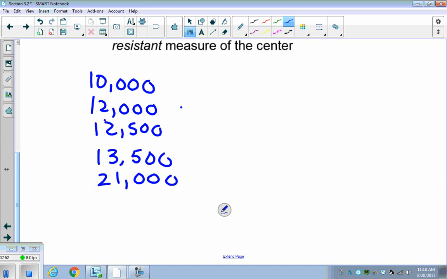And of course, Mr. CEO. So if everybody go ahead, everybody find the mean. Find the mean.